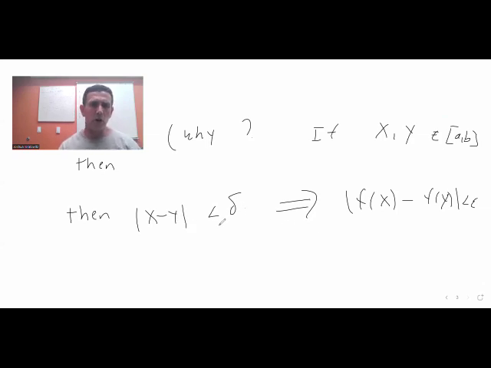So if x is smaller than y, then n equals 1, a_1 is x, b_1 is y. If x is bigger than y, then just flip it around. Still n equals 1, a_1 is y and b_1 is x. So either way, an absolutely continuous function on A to B has to be uniformly continuous, for example.